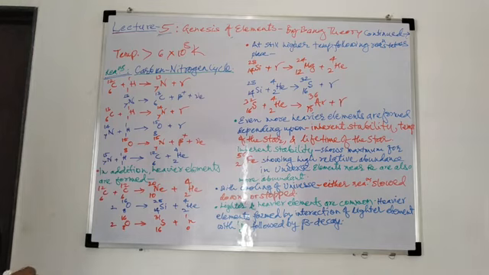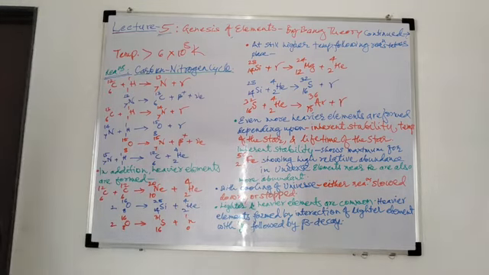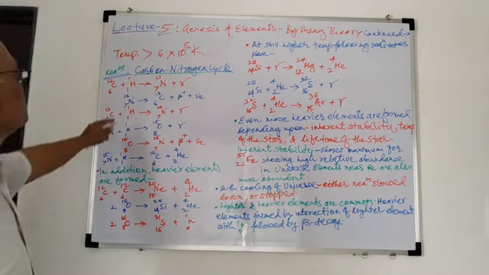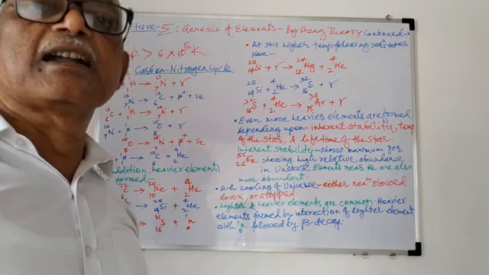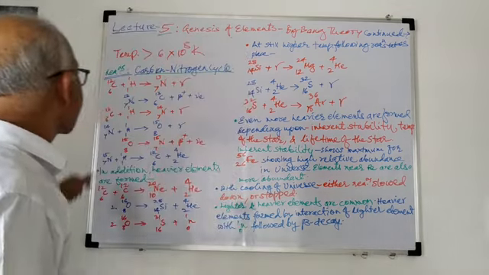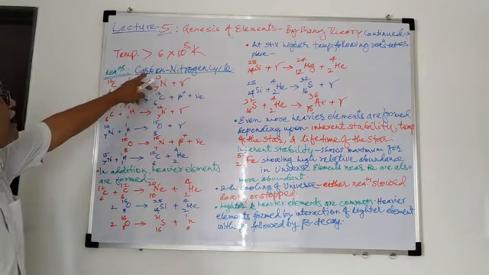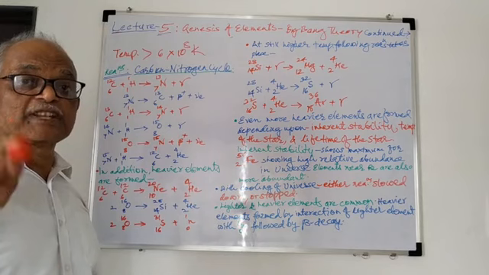When the temperature is greater than 6 into 10 raised to 8 Kelvin, we can have such reactions. These reactions take place on hot stars and are called carbon-nitrogen cycle processes.